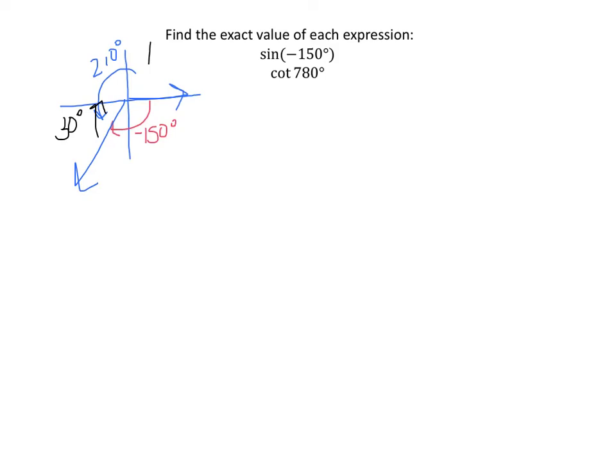However, remember, all students take calculus. In quadrant 3, tangent is the only thing that's positive. So sine is going to have to be negative. I can do this without my calculator if I remember that special right triangle, the 30, 60, 90.